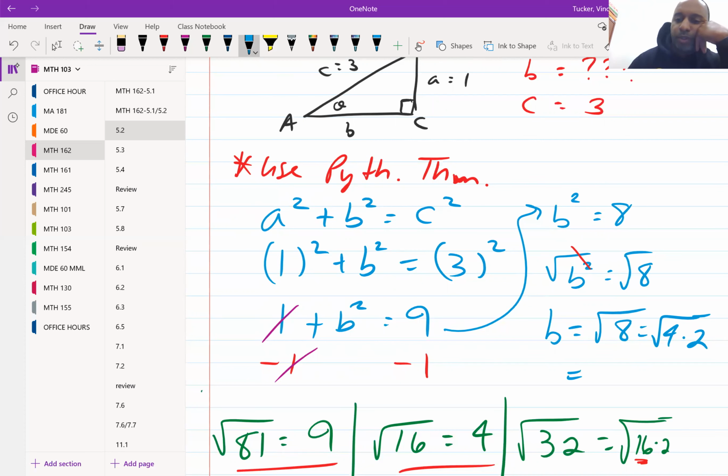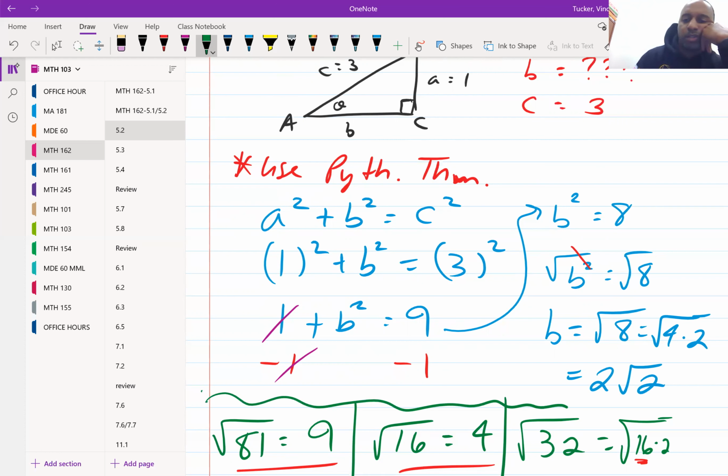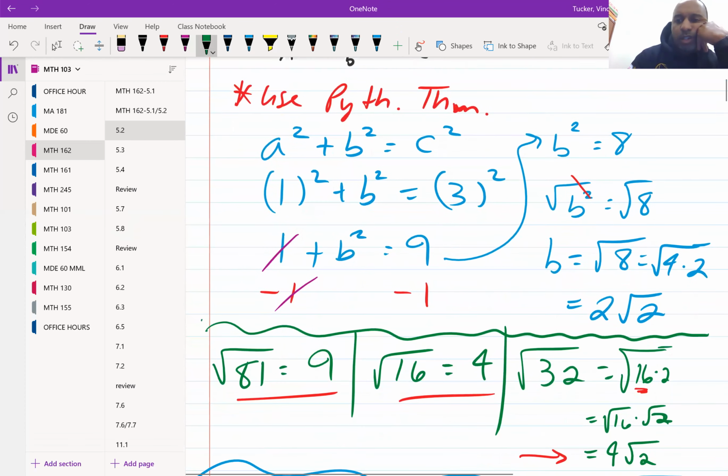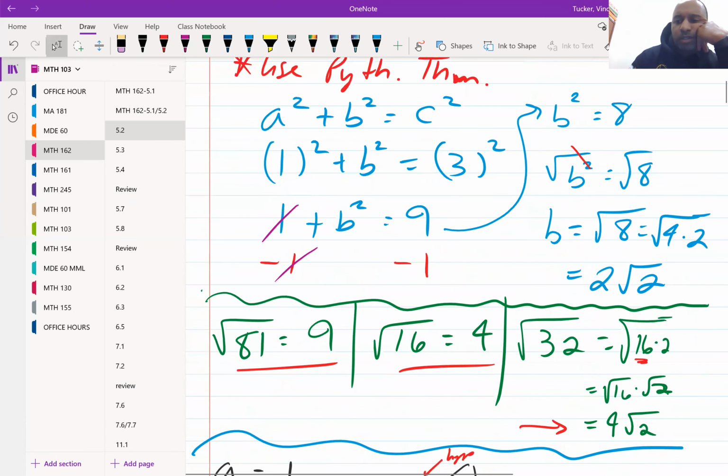Take the square root of 4, that is 2, and leave 2 under the radical. So b is going to be 2 square root of 2. All right.